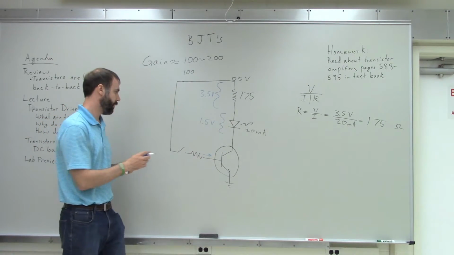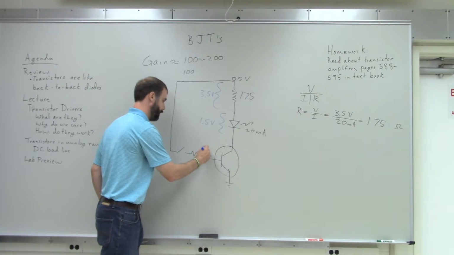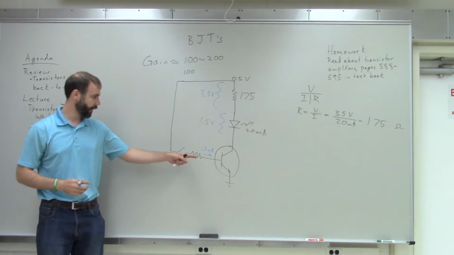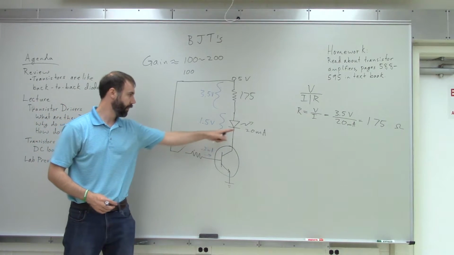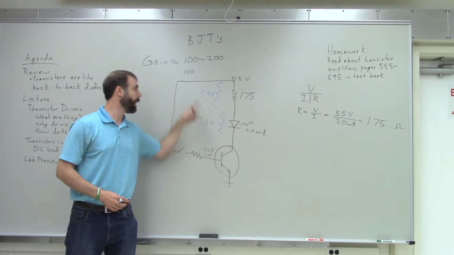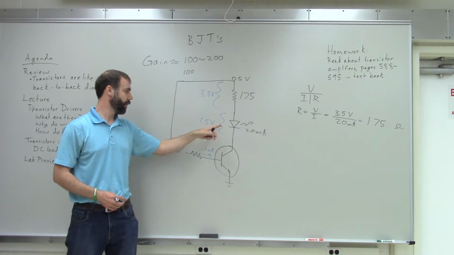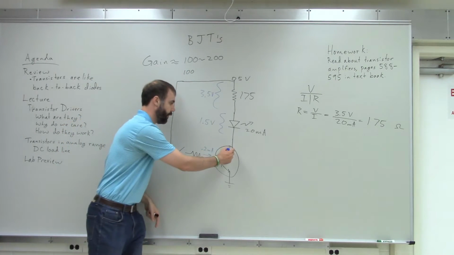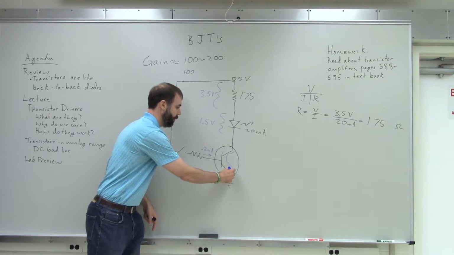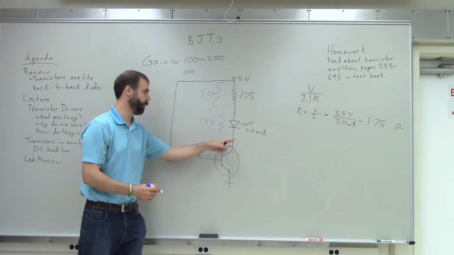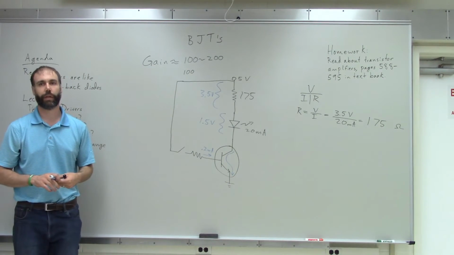Yeah, so about 0.2 milliamps, right? We have 0.2 milliamps going in. We have a gain of 100. That means we have 100 times more current going from the collector to the emitter, right? So 100 times more would be 20 milliamps. Okay.